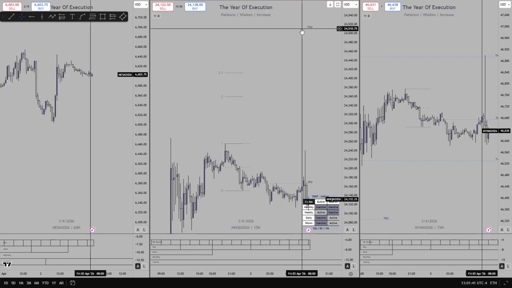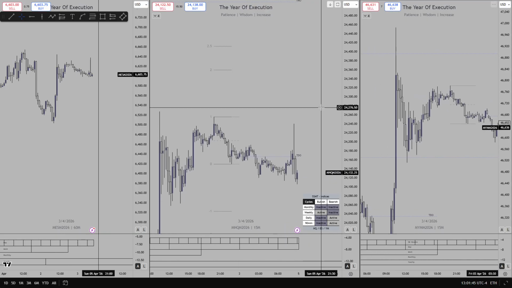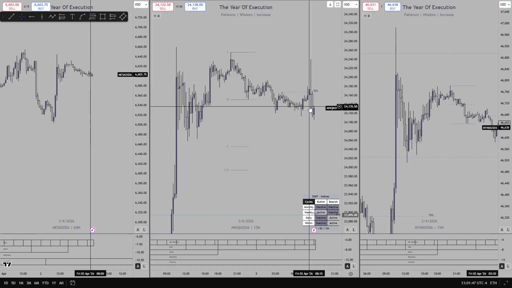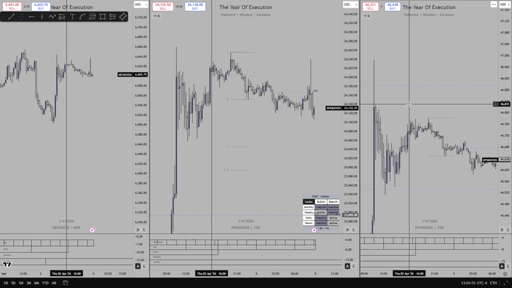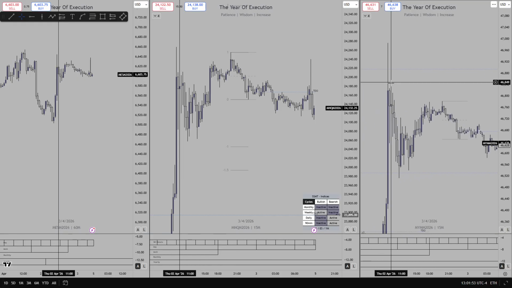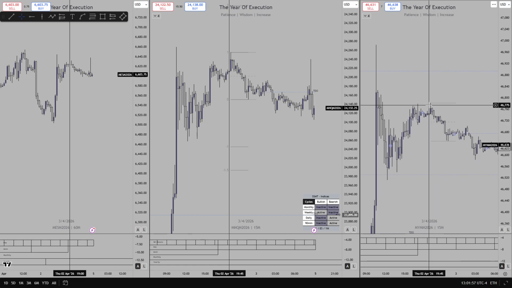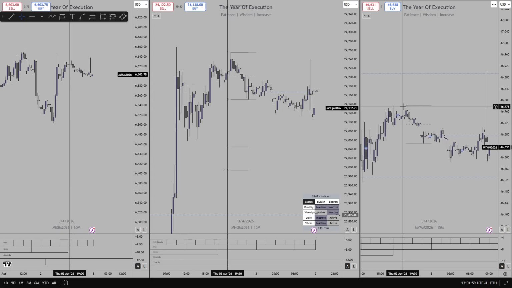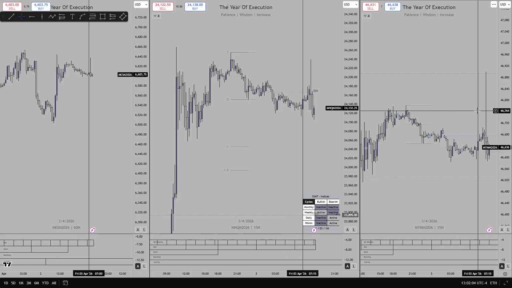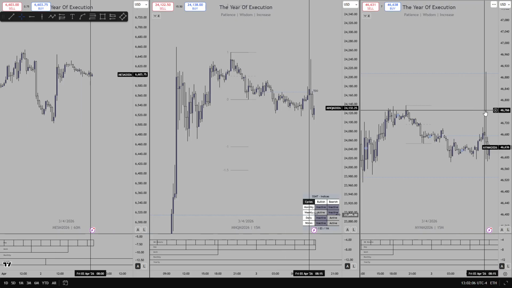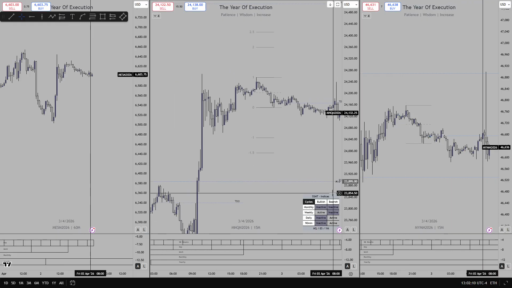Oh, we mitigated true month open, so we do have a monthly cycle SMT, not with that high, but with this high. Interesting.